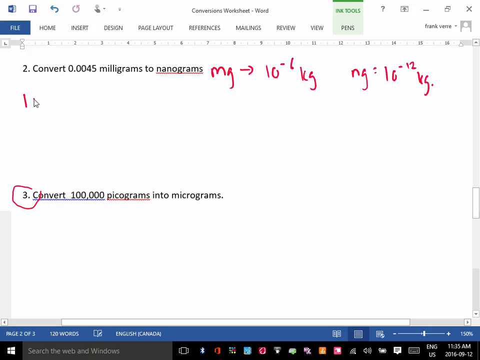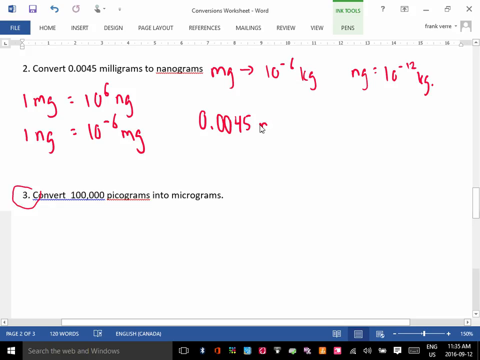So we could say 1 milligram is equivalent to 10 to the 6 nanograms, or the reverse, 1 nanogram is the same as 10 to the negative 6 milligrams. It's the same. In this case, we have 0.0045 milligrams. We want our answer in nanograms.